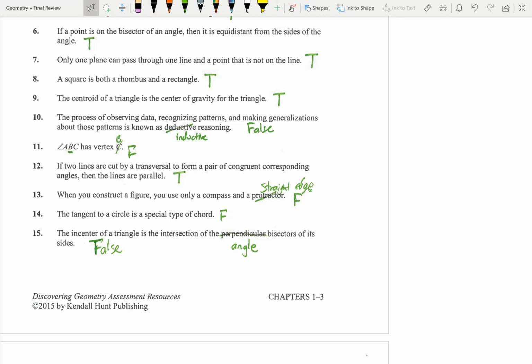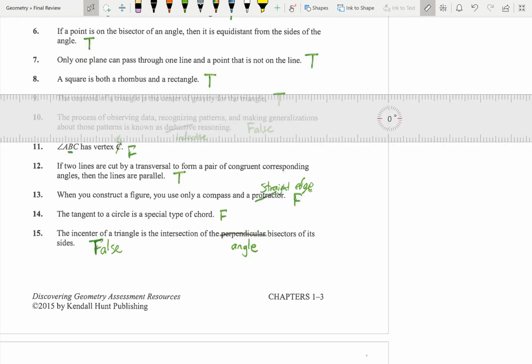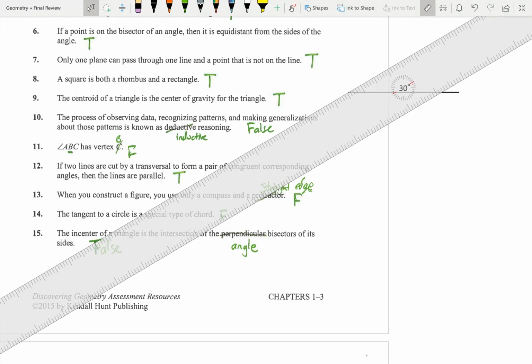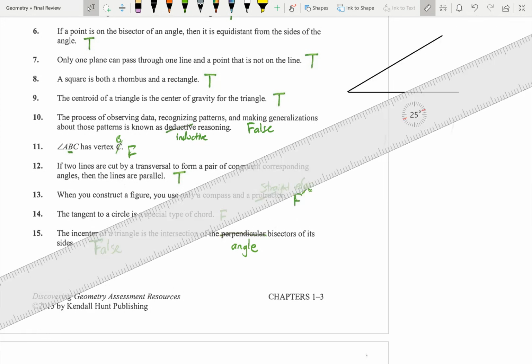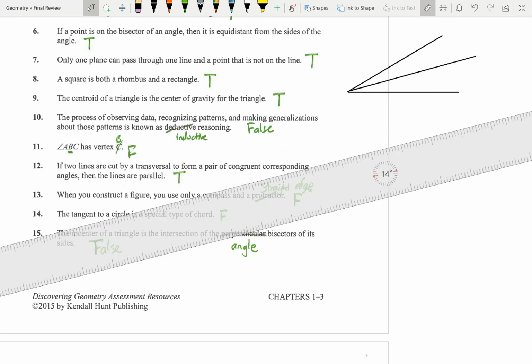And to do that, you can go ahead and just draw a random angle. I'll make mine about 30 degrees. And the bisector of that angle would be right around 15 degrees. It's going to be bisecting it, meaning it's an angle bisector, kind of like that.